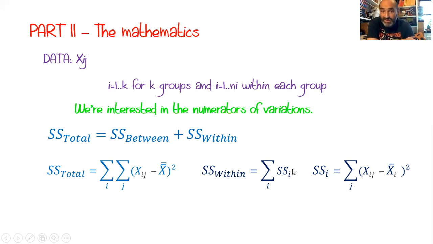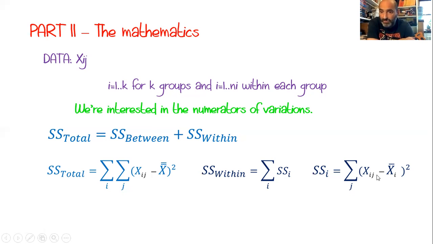SS within is the summation of individual sample sums of squares. What is the sample sum of squares? It's just the numerator of the sample variance for dataset I. So for the first group, first machine, you're going to have SS1, sum of squares 1, which is going to be the sum of x1j minus x bar 1, squared, over all the j, all the points in your data set.